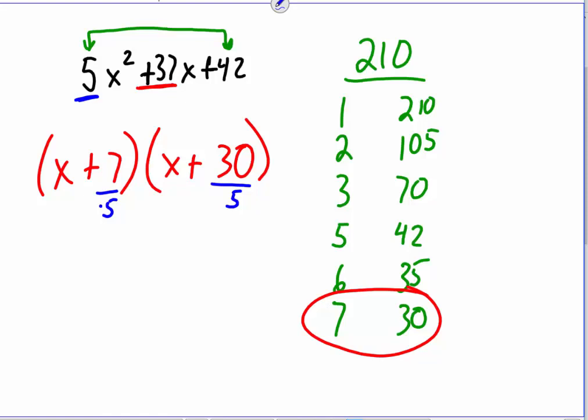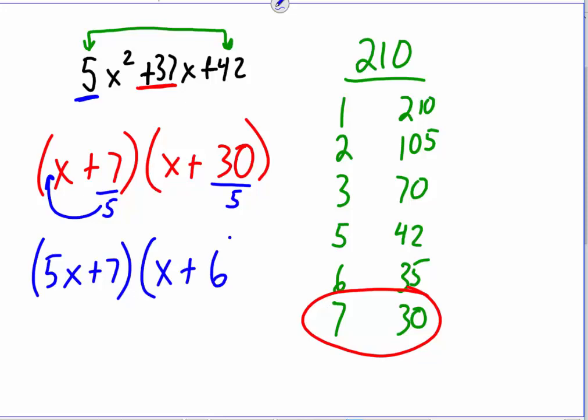Can't reduce it, so I'm just going to move the 5 right up into there. And I get 5x plus 7. On this one, oh, I can reduce. 30 divided by 5 is just 6, so x plus 6. And I'm done with that one.